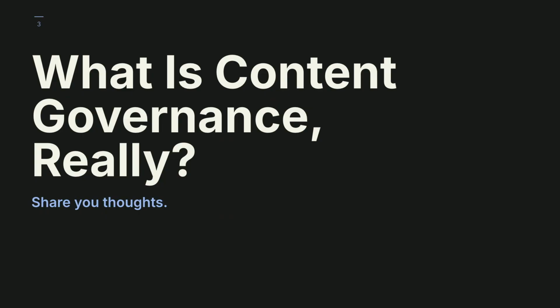So all the things that go into that: who owns it, who can change it, what standards apply, when it gets reviewed, and simply how to tell if something's out of compliance or simply is stale. So governance isn't really a checklist, but it's really the structure of all these things that maintains a site's trustworthiness.